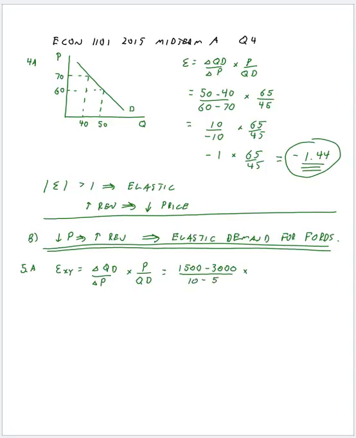And again, we're using the midpoints formula, so the average price is 7.5 and the average quantity is 2250. And this gives us a cross-price elasticity of -1. Since it's a negative number, this means that we are dealing with complements.